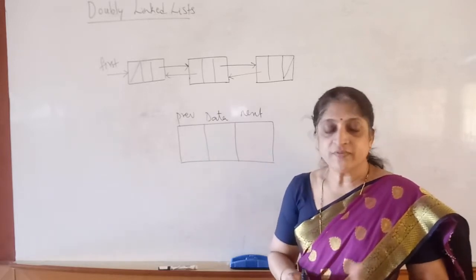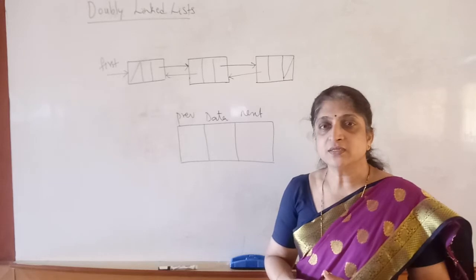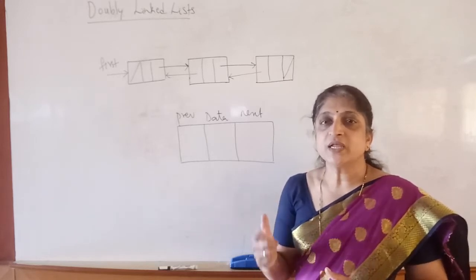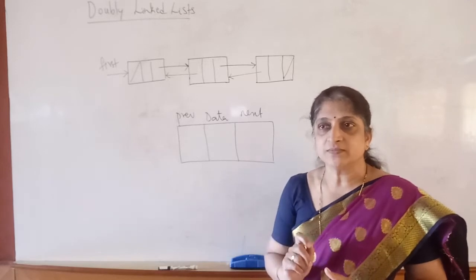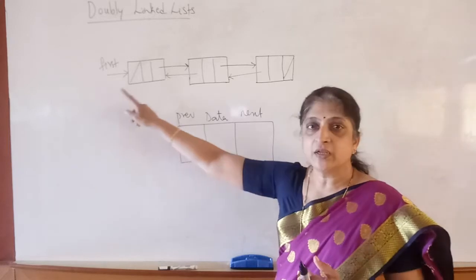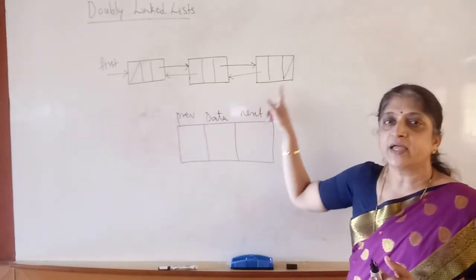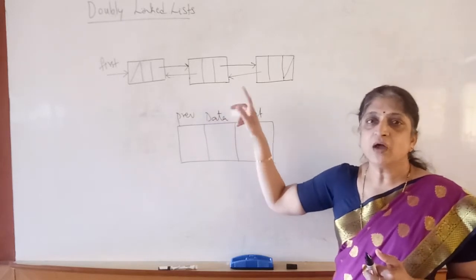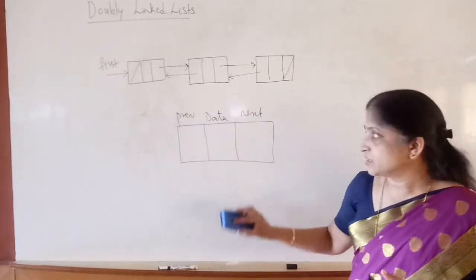We will have to perform several operations on these linked lists. We will be performing basically the insertion operation and the deletion operation. When we are inserting, we may be inserting at the beginning of the list, at the end of the list, or somewhere in the middle. Let's see how to insert in the doubly linked list.